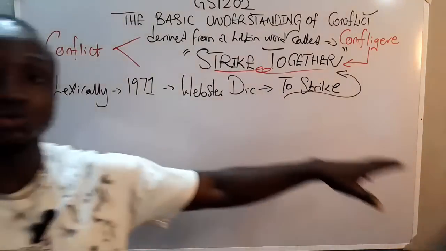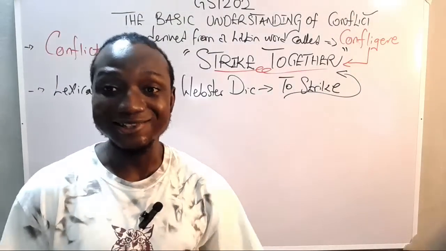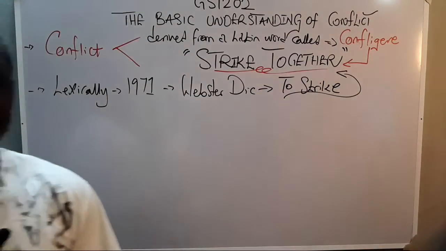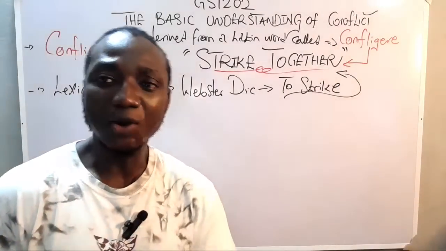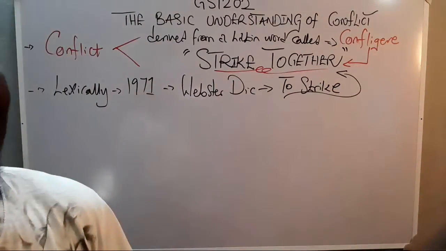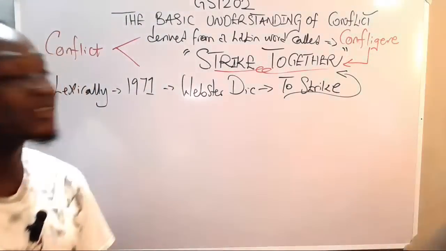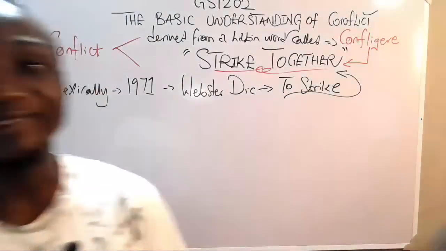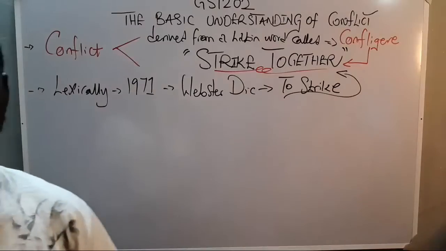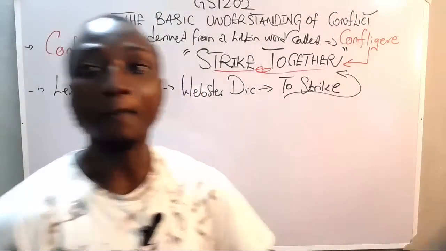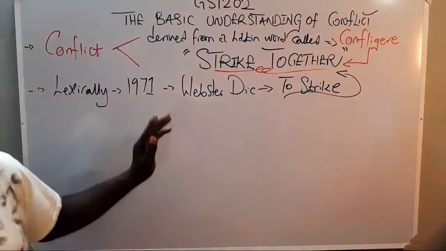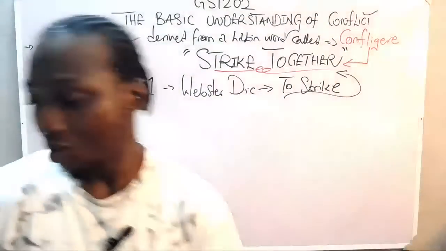And believe me, the term conflict is constant, in the sense that it is part of our existence. It makes human, it makes nature, it makes realms what it is. It has existed even before man walked the surface of the earth. We'll get to understand better as we continue in the class.